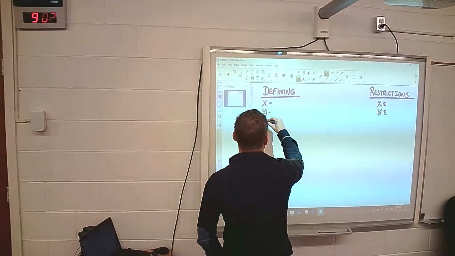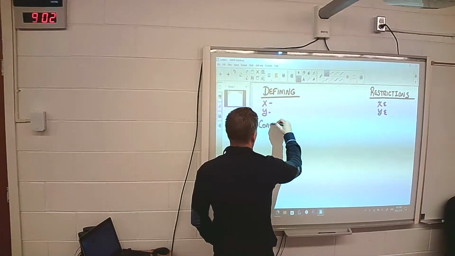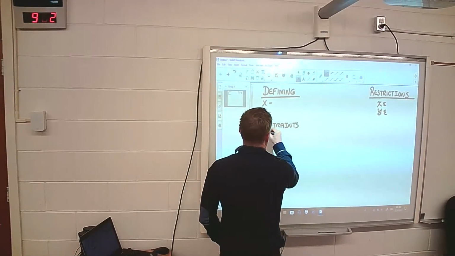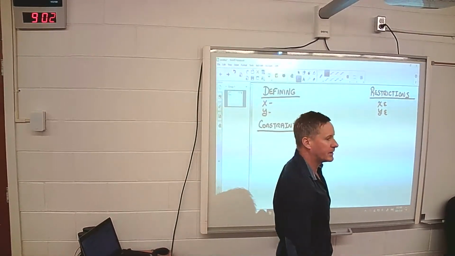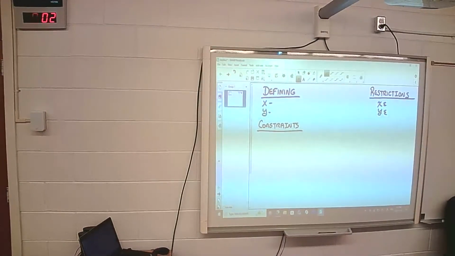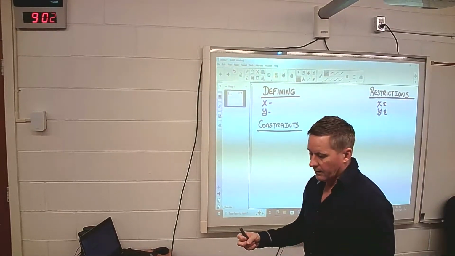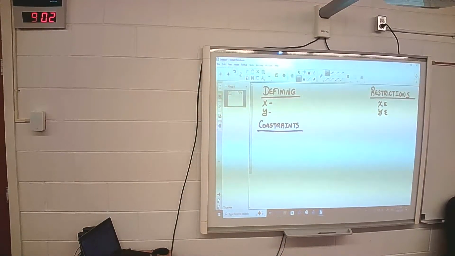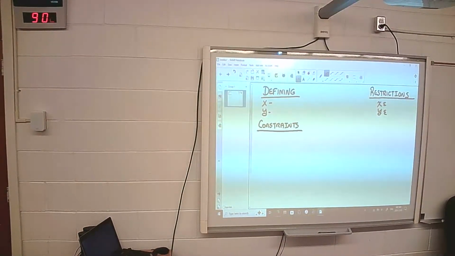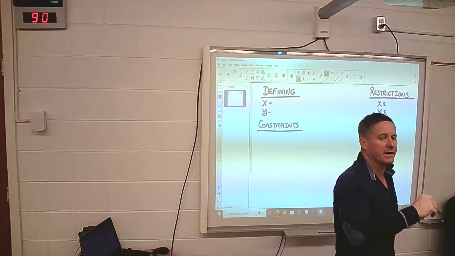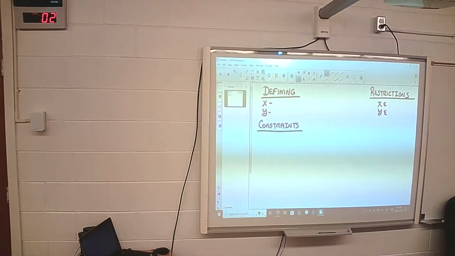Constraints is the next part, and this is the complicated part. The constraints part of this is the inequalities, so the equations of the inequalities go on it. Those will be the lines that you're going to graph, so they'll have greater than or less than values to them.